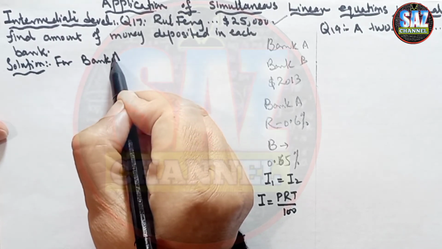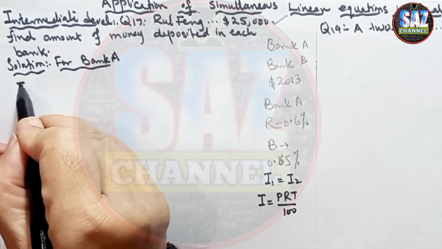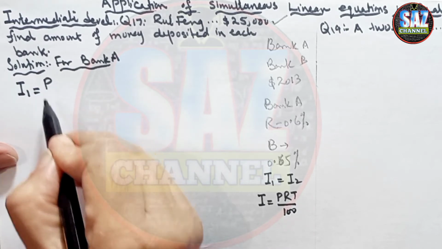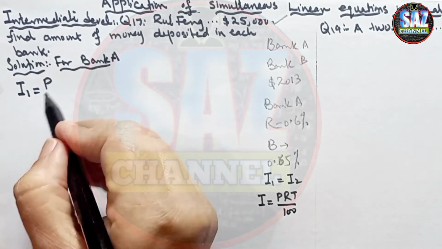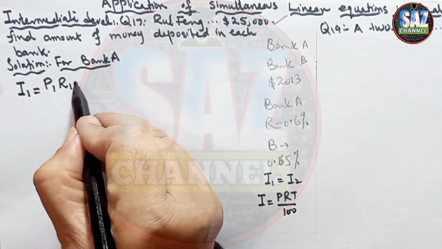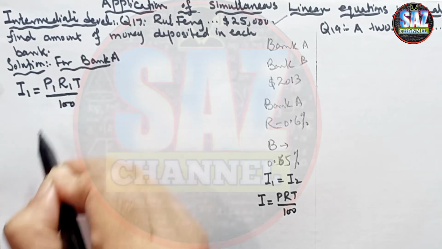As we are getting two different interests, we suppose I1, and we do not know how much amount we are keeping in Bank A and Bank B, so P1. As the rates of both the banks are different, multiplied by T upon 100. This is the formula.